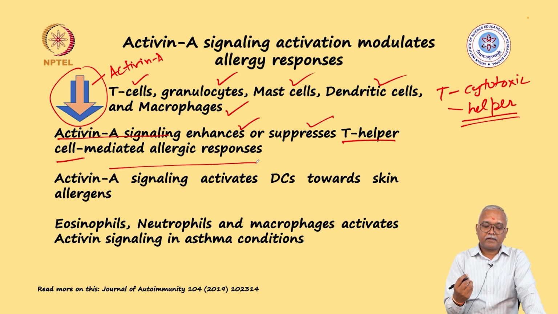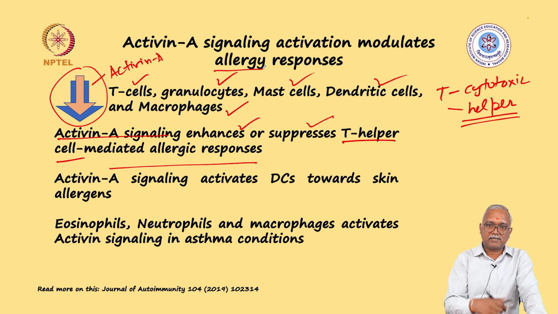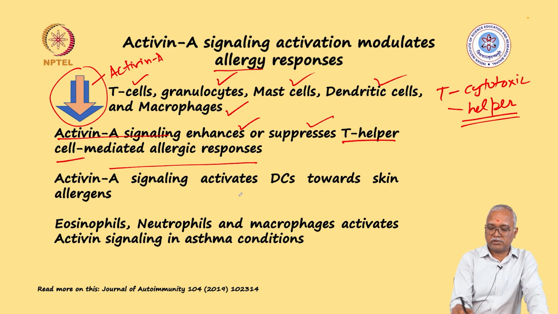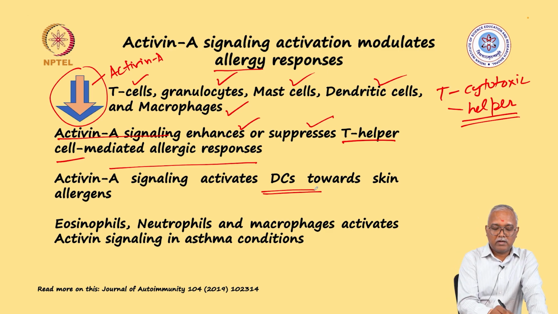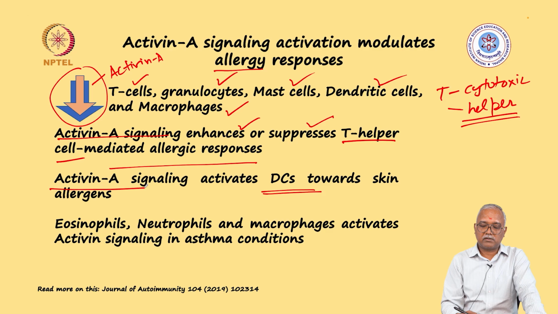So basically activin is sensing the presence of these allergens, and as we understand, these allergens will display certain patterns, which is where we were saying PAMP and DAMP. Those will be sensed by the system, activin will be made, and activin will activate this signaling process. Also, in case of skin allergies, dendritic cells permeate into the region where allergens are, and they clear them or mount the allergic responses, the inflammation and so on, by noticing the presence of activin A signaling.